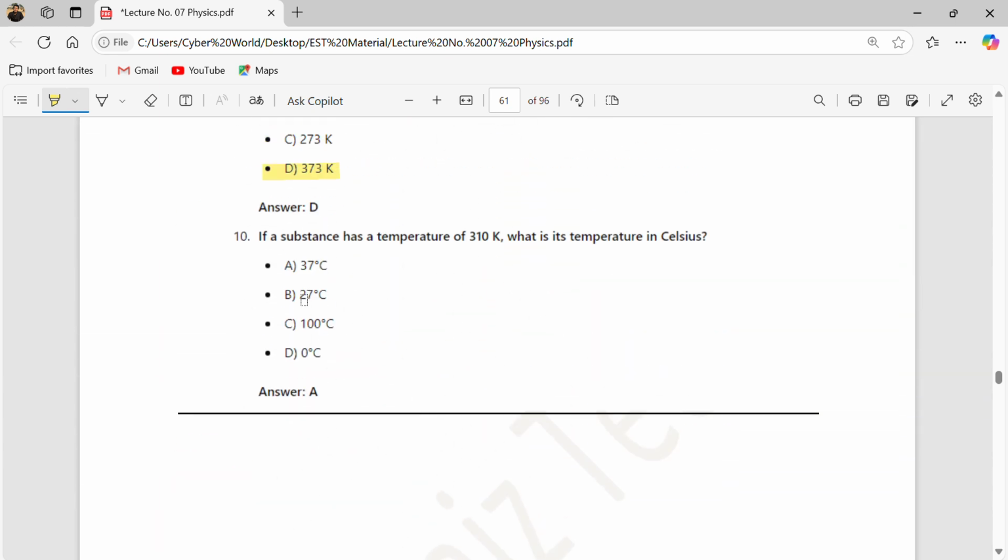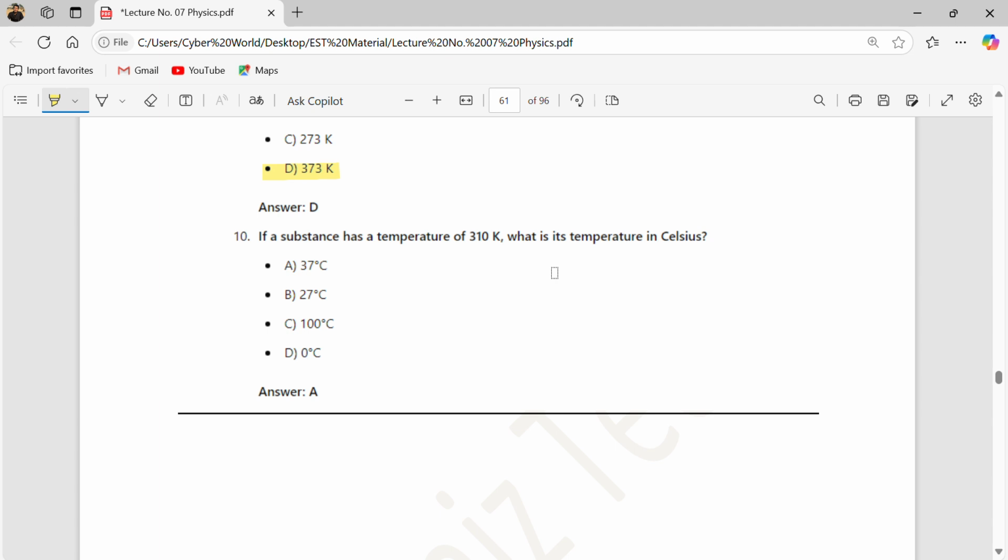Now, if a substance has a temperature of 310 Kelvin, what is it in Celsius? You know that Kelvin equals Celsius plus 273.15. So if you want Celsius, you take the Kelvin value minus 273, which means 310 minus 273.